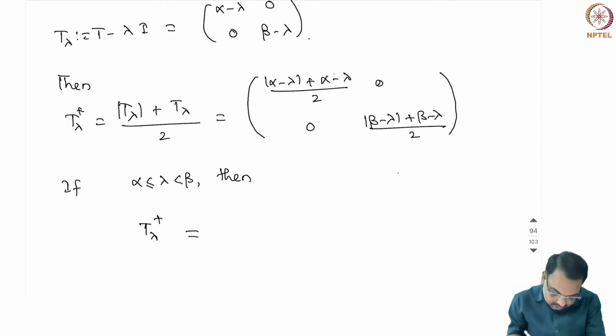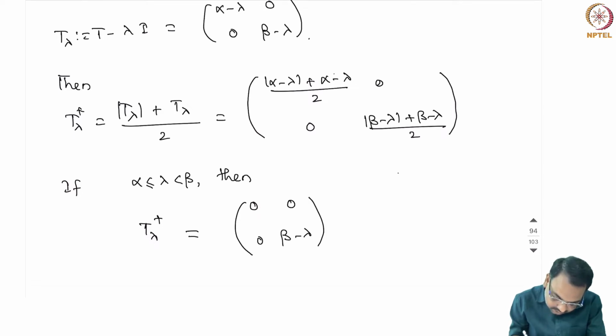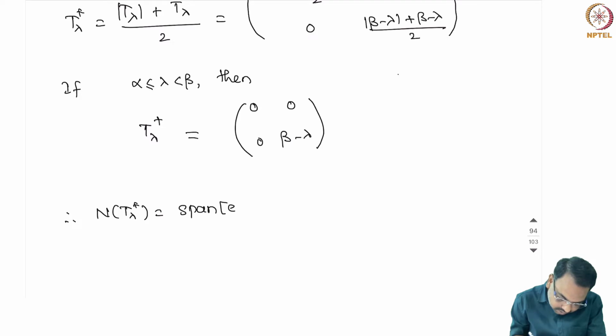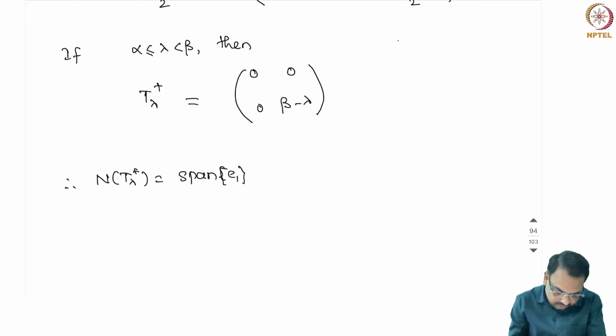So in that case you will get 0 0 0 and the other entry is beta minus lambda. So in this case the null space of T lambda plus is nothing but span of E1. So let us say E1 is (1, 0) and E2 is (0, 1).